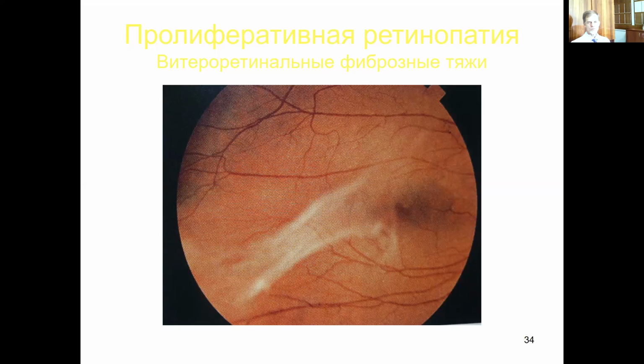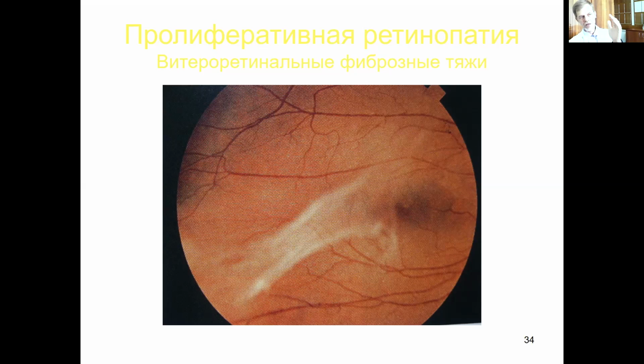Why is it bad? Just imagine, we have the retina. From the retina, we have vessels which grow inside the vitreous, and we have hemorrhage. When the scar is squeezing, shrinking, the vessels which attach to the site of scarring start doing what? They start pulling the retina into the vitreous. And this may cause what? Detachment. Now we have space at the bottom of the eye, and we may have detachment of the retina from the bottom of the eye.